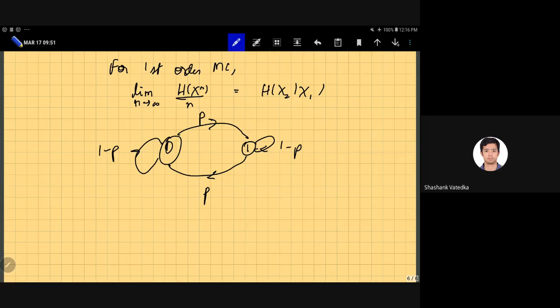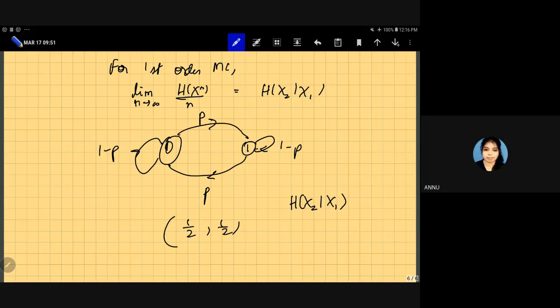The stationary distribution is half-half, right? But now for this, you can go later and try to compute H of X2 given X1. So what is H of X2 given X1 in this case? One bit. For general p?